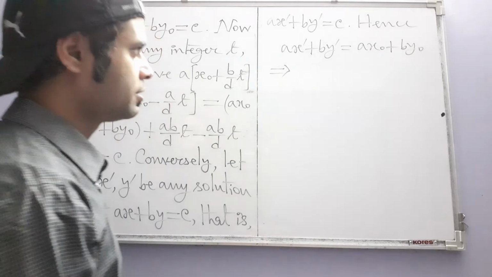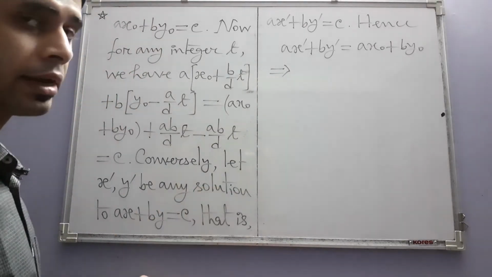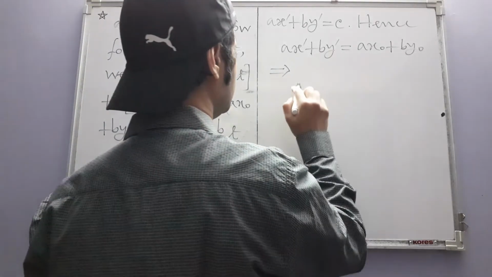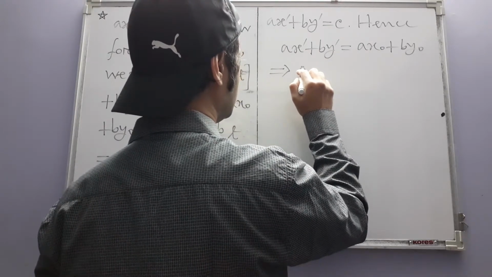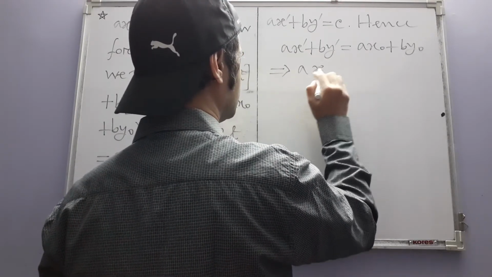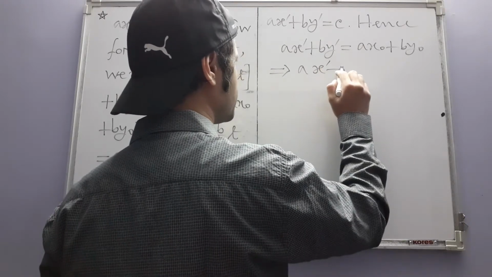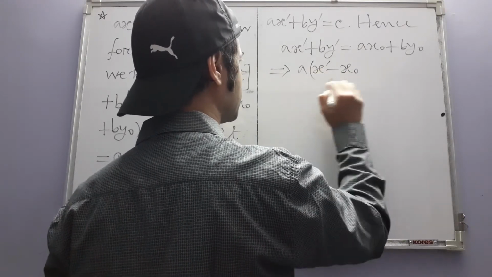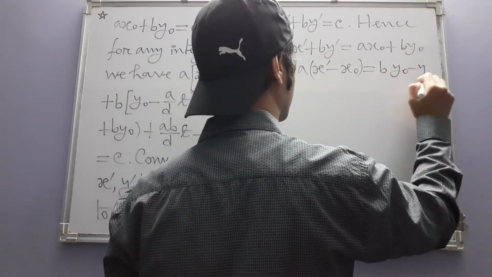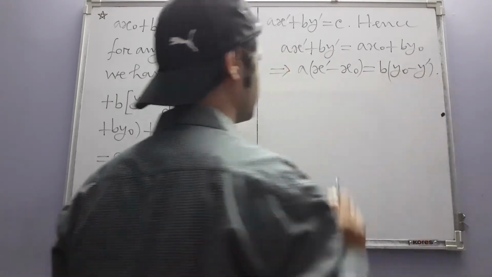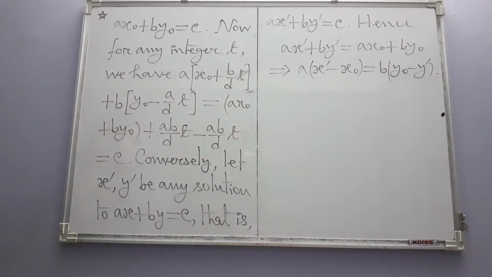And this implies, after rearranging terms, we would get something like this: a times x prime minus x naught is equal to b times y naught minus y prime. Obviously.